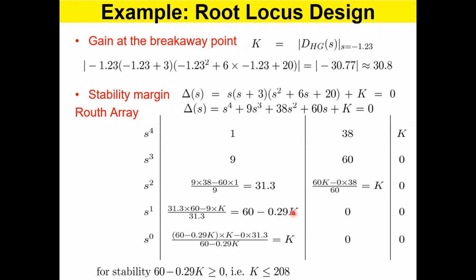So when you reach that level, write down the inequality for stability and calculate the inequality for the gain k. And in this particular case, it is 208. So if you set the value 208, the system is about to be unstable.